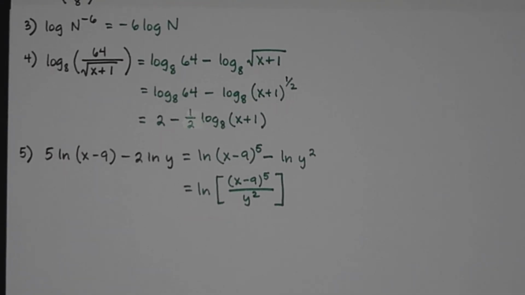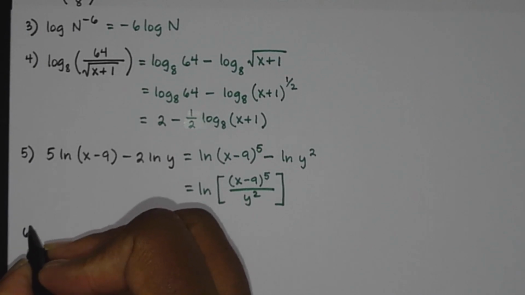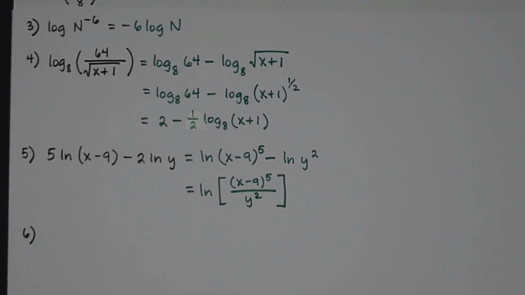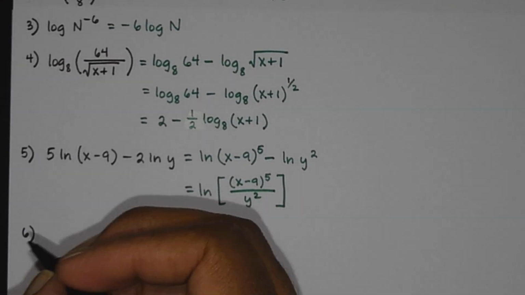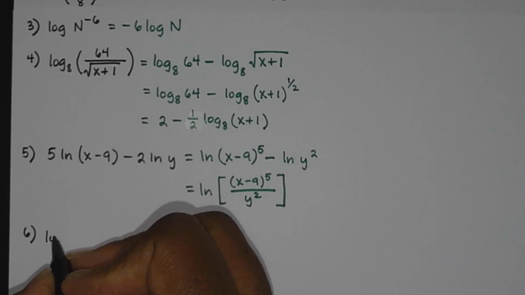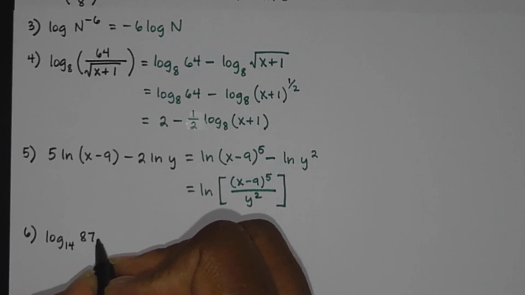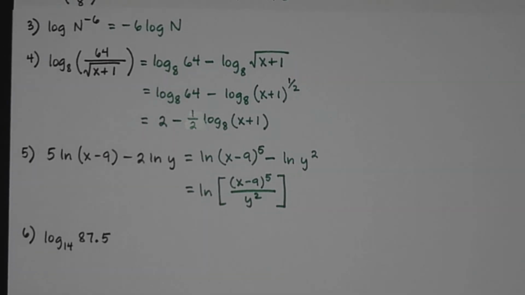All right, number 6. We're going to use common logarithms or natural logarithms and a calculator to evaluate log to the base 14 of 87.5. And we're going to round to 4 decimal places. So in this case, we're going to use the change of base property.